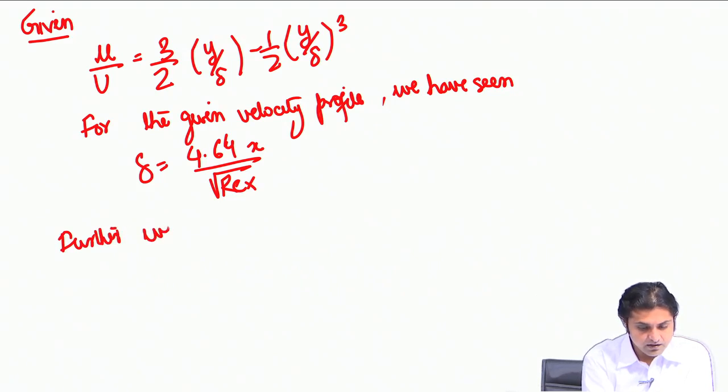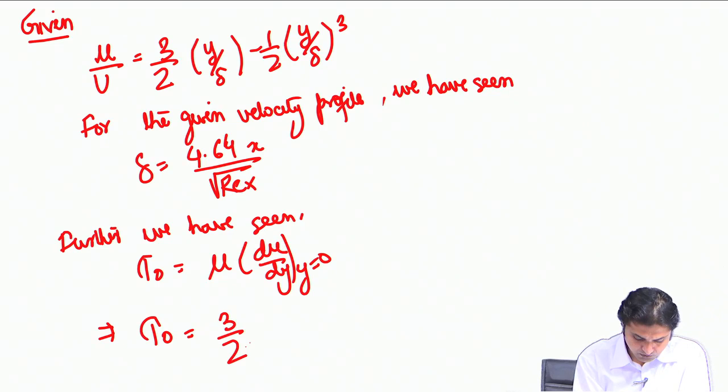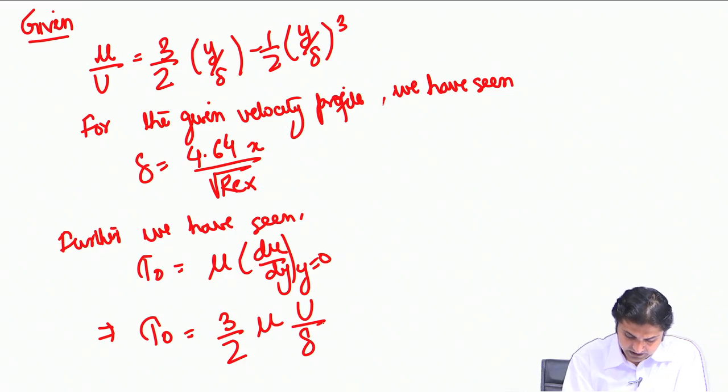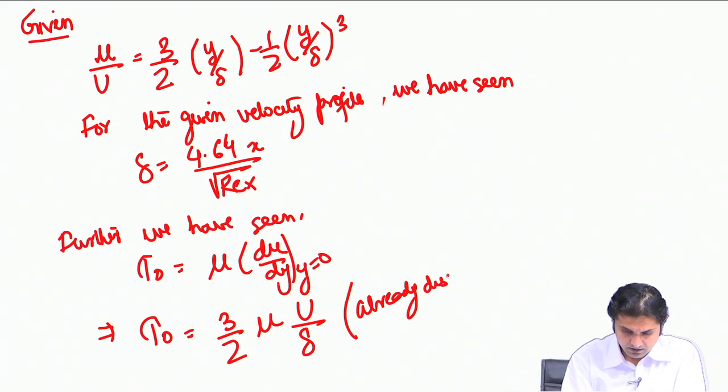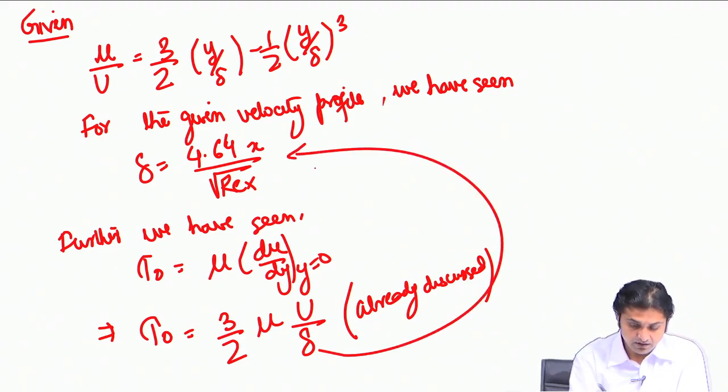Further, we have seen tau naught is equal to mu du by dy at y is equal to 0, correct. This implies tau naught is equal to 3 by 2 mu capital U by delta. This has already been discussed. So, delta we know from here.